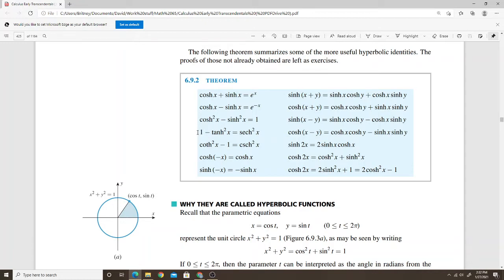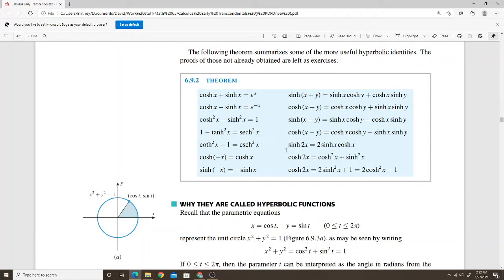And similarly, you have these other Pythagorean identities that sort of match, but not quite, the Pythagorean identities that you knew for the trig functions, right? You also have even odd identities, right? So cosh is an even function just like cosine is even. Sinh is an odd function just like sine is odd. You have these sum and difference identities.